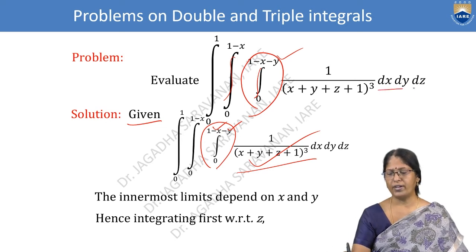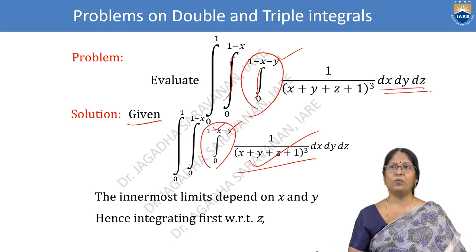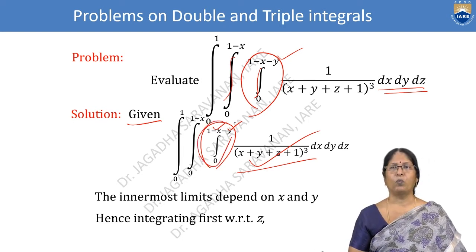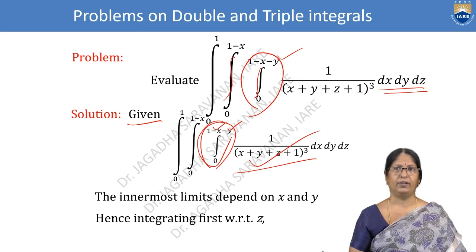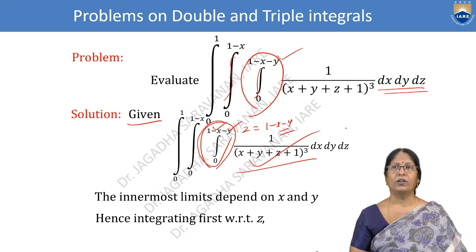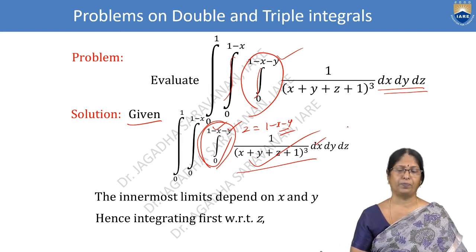In the question, dx, dy, dz is given, but according to the limits defined, z goes up to 1 minus x minus y, so it is a must to do the integration with respect to z first.